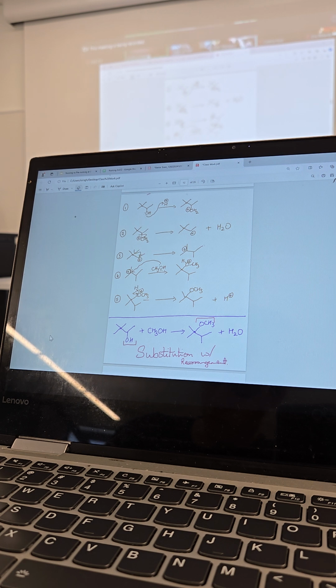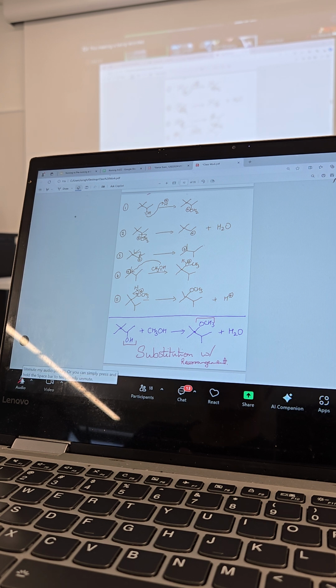What's the total number of transition states in this mechanism? 5. Every step has its own transition state. Can you tell me in which step of the mechanism the actual rearrangement took place?